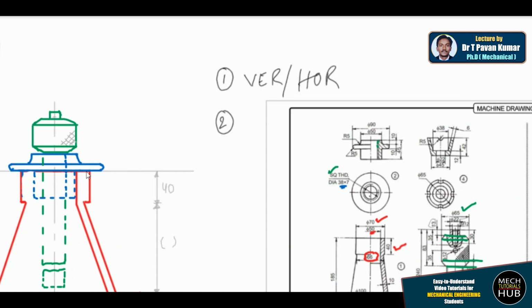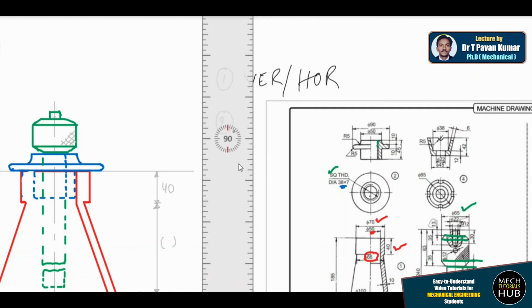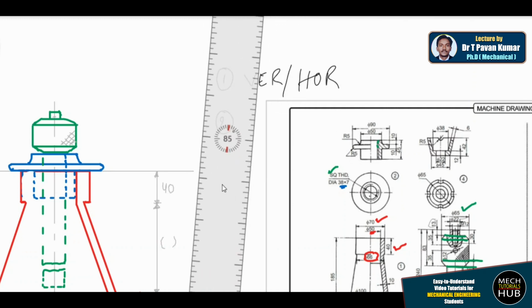So for that, let me again change the color to red, and let me take the scale. Here it is maintaining an overall width of 45 diameter and a height of 42, 45 and 42. That I'll just try to figure out now.